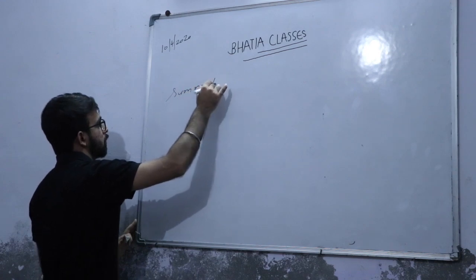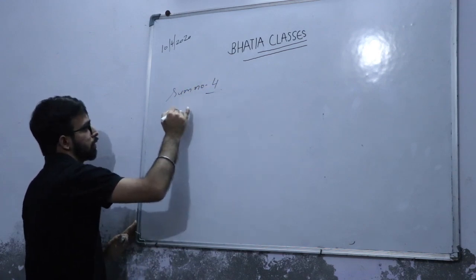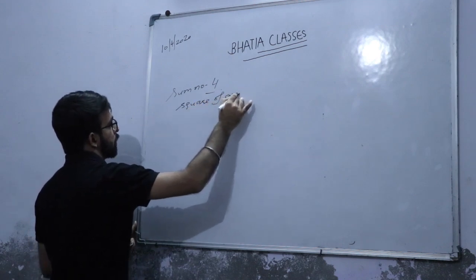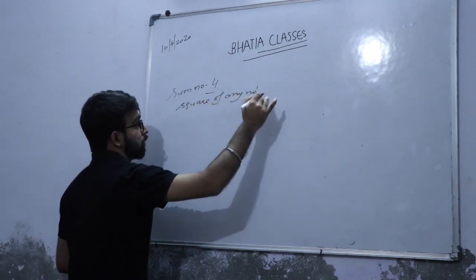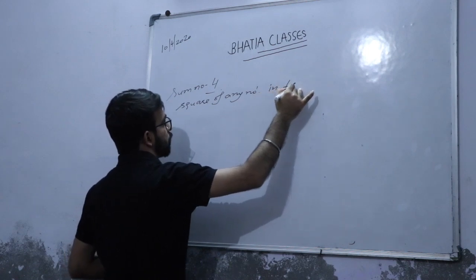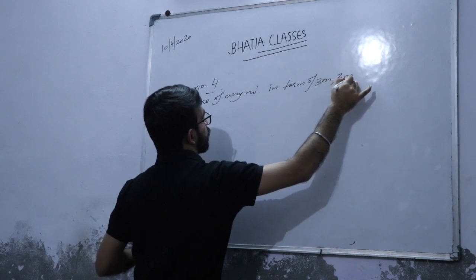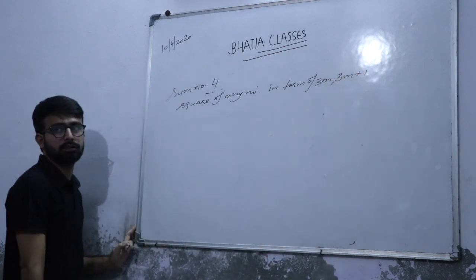Sum number 4. Square of any number is in the form of 3n or 3n plus 1.